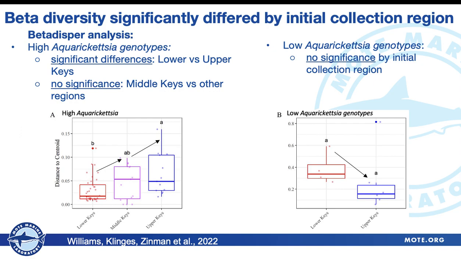I think it's also worth noting that the low Aquarickettsia genotypes are also much higher in beta diversity in general than our high Aquarickettsia genotypes. You can just tell by the y-axis, which is our dispersion, it's so much bigger for our low Aquarickettsia.